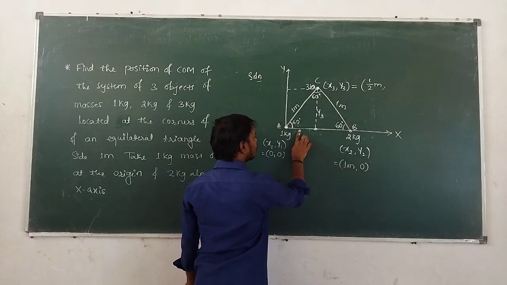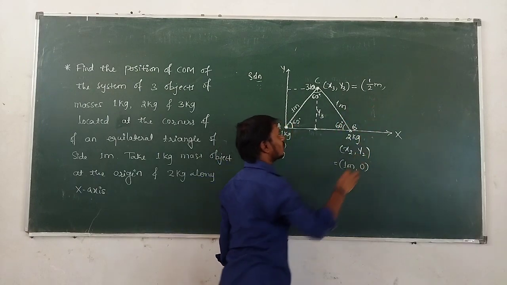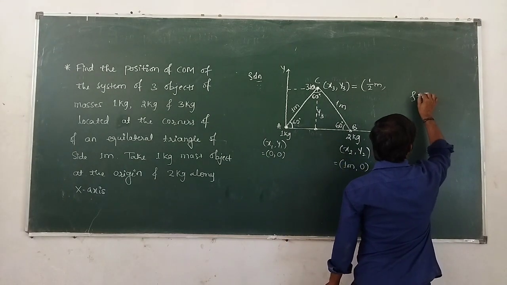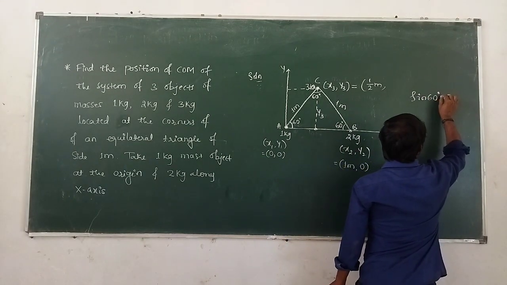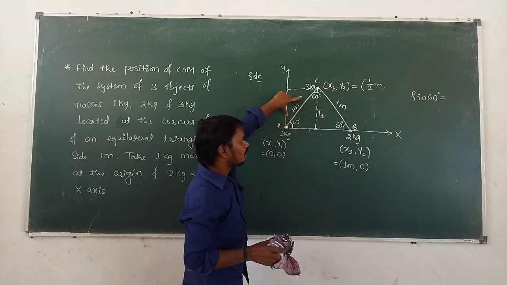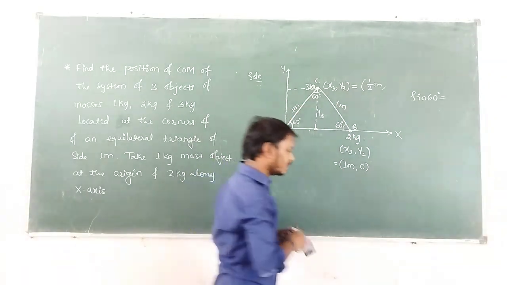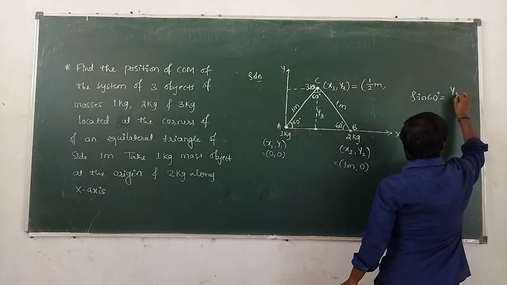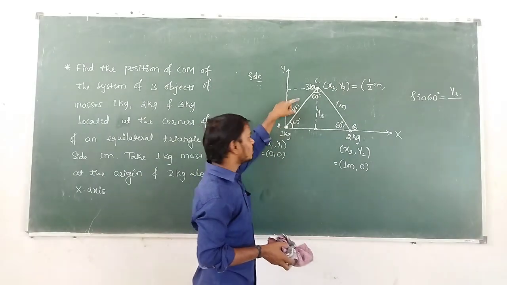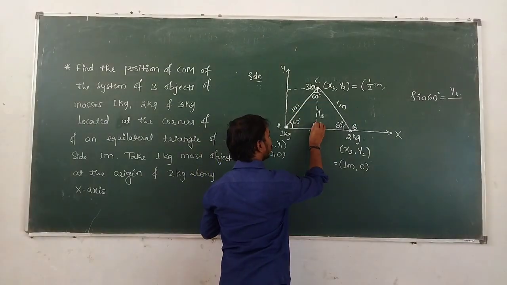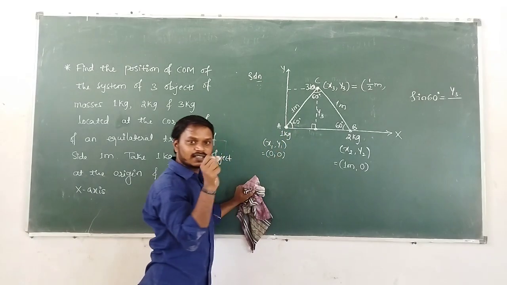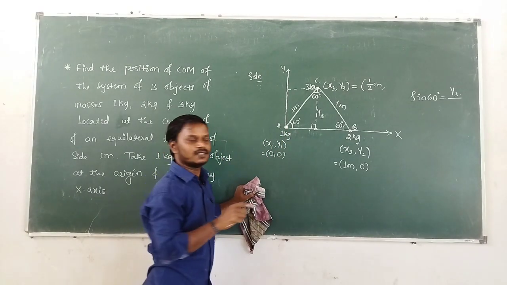Then we got x3, how much? x3 is 1/2 meter. Then what about y3? How to find y3? By using sin of 60. Sin 60 is equal to opposite side divided by hypotenuse. Opposite side is y3. Then what about the hypotenuse? Hypotenuse is 1. So sin 60 is nothing but opposite side divided by hypotenuse.